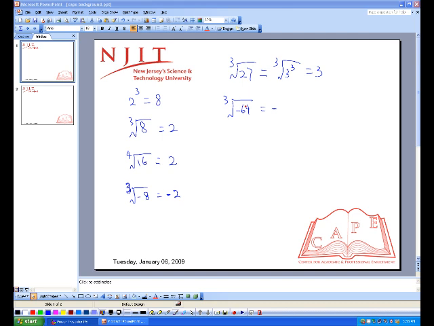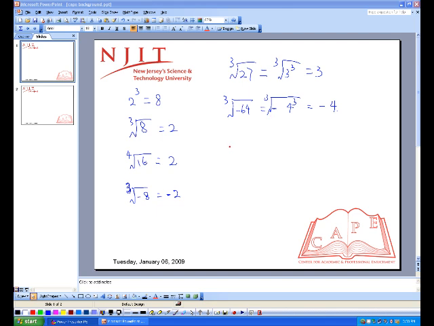And then what's a number that taken to the third power will give you 64? Well, we know that 4 to the third power is equal to 64. So the cube root of that would simply give you negative 4.